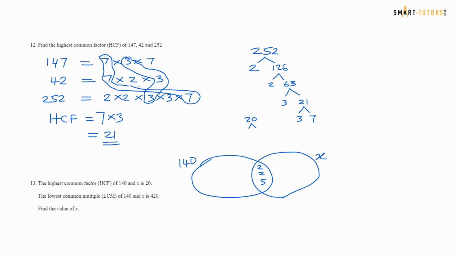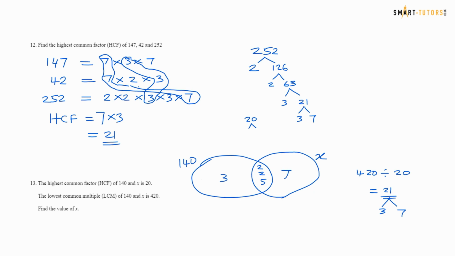The lowest common multiple of 140 and x is 420. So 420 divided by 20 is 21. 21 you can split into 3 and 7, so 3 here, 7 here.